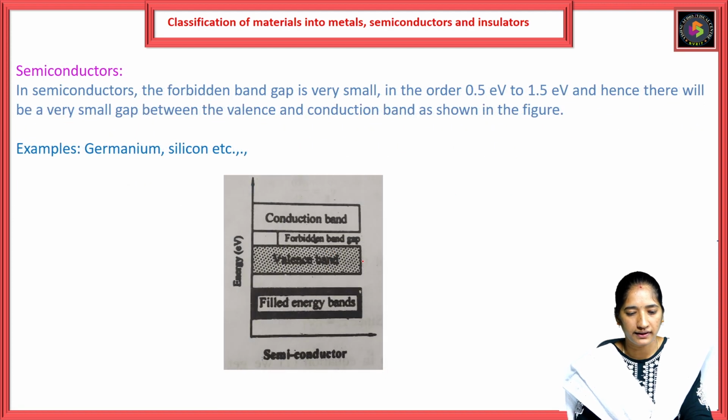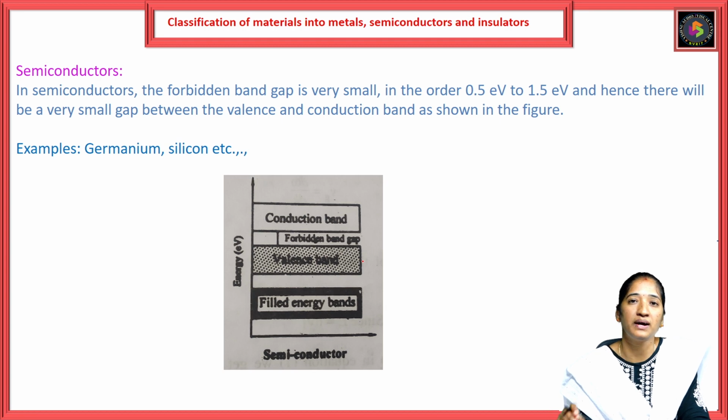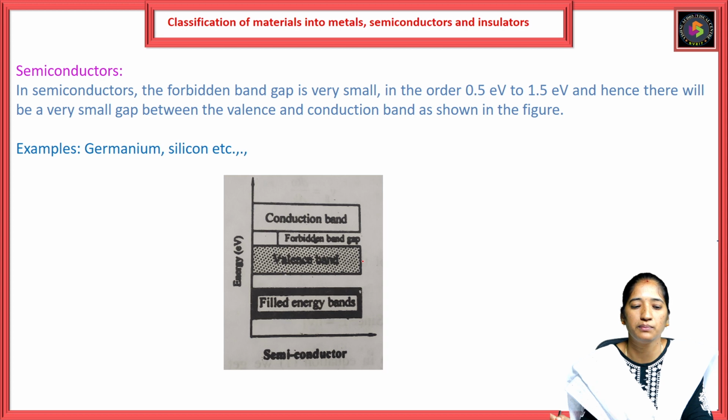Coming to the semiconductor. In the name itself, semi means half, so sometimes it behaves as a conductor, sometimes as an insulator. Let us look at the definition of the semiconductor.